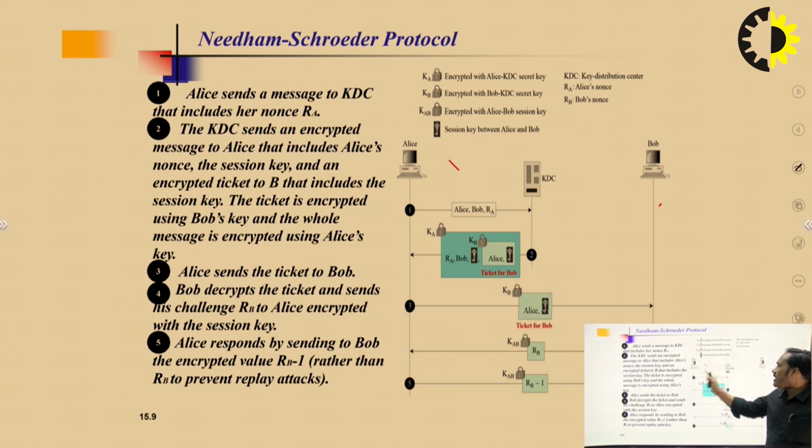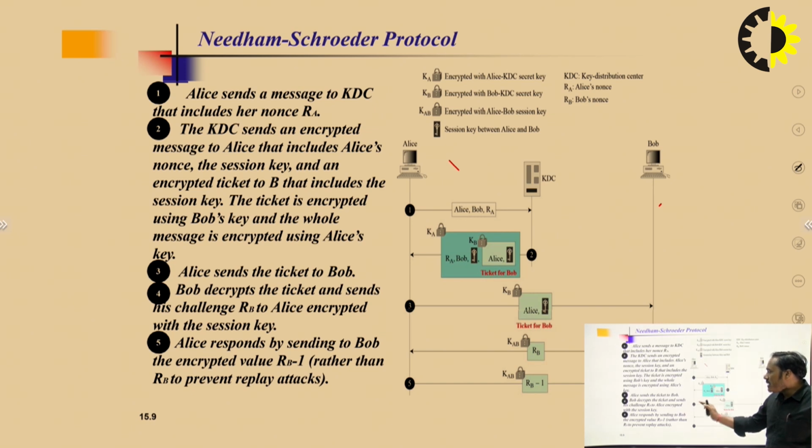Alice cannot communicate directly to Bob, so Alice will request the KDC first. The first request to the KDC is with Alice's key, Bob's key and RA, that is the nonce. KDC will revert to the Alice side with the key in the form of a ticket for Bob.